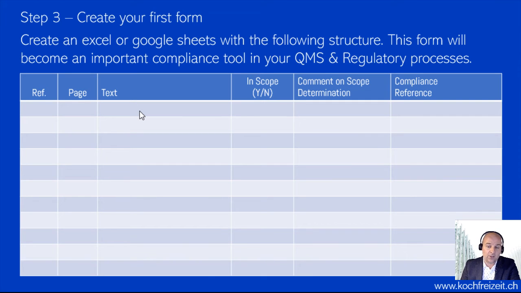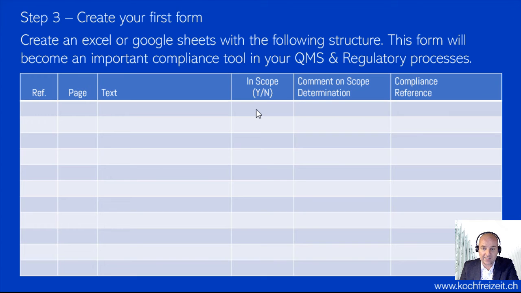Also, if you're looking at this the first time, it gives you an opportunity just to read through your QMS as you build this, give you time to think about it, which is really important. By the time you've copied all this and read it through, you should be ready to start implementing. We have a section here to determine if the section of the ISO is in scope or not.